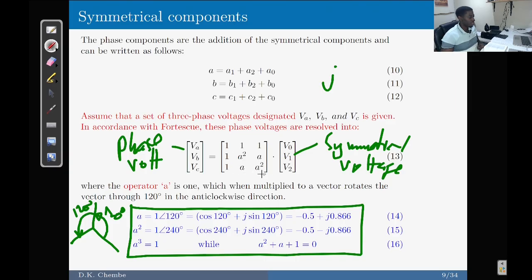You can see the diagonal elements here, 1, A squared, and then you've got the off-diagonal elements there as A and A. This is what we mean. These are the angles that we have for the matrix.